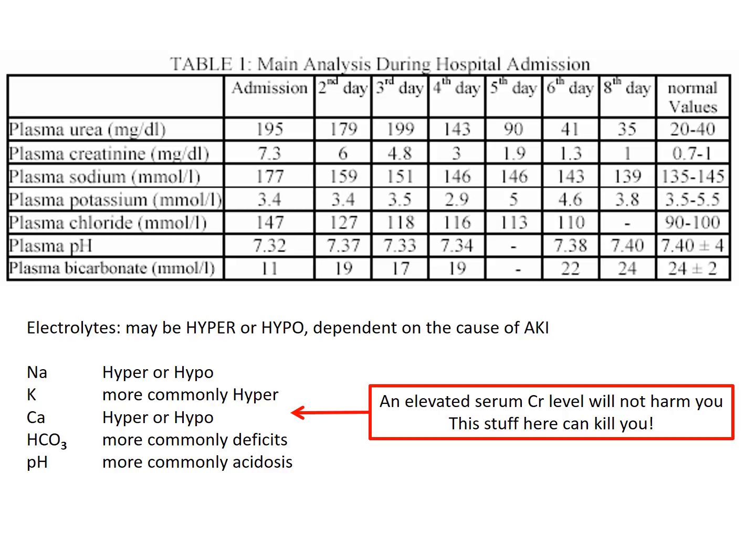Because disorders of electrolytes can lead to all kinds of abnormal cardiac arrhythmias as well as seizures. So it's the metabolic complications of a case like this that become life-threatening.